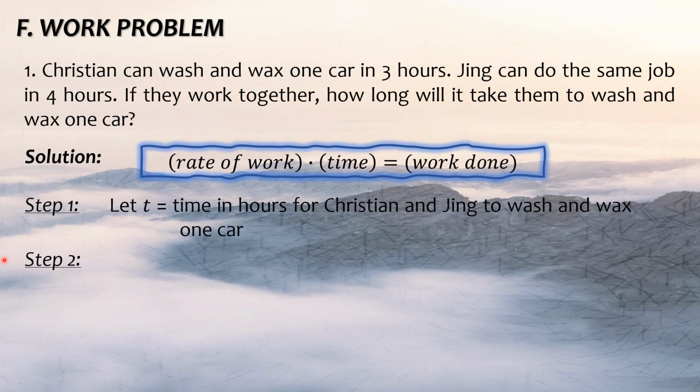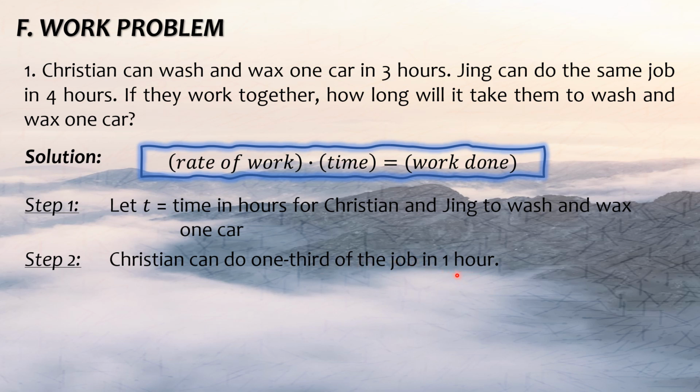So, ang given ay yung rate of work and yung work done. So, Christian can do 1/3 of the job in 1 hour. Sabi dyan, sa loob ng 3 oras, si Christian ay nakakalinis ng isang sasakyan. Ibig sabihin, kapag dinivide natin sa 3 part yung 3 hours, that is 1/3 of the job in 1 hour.